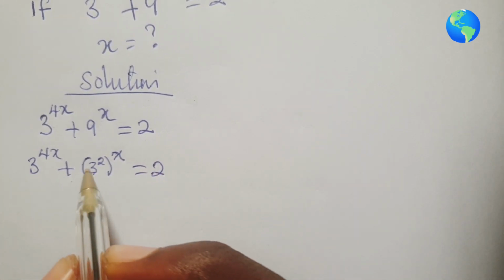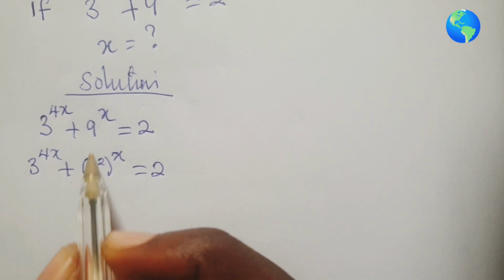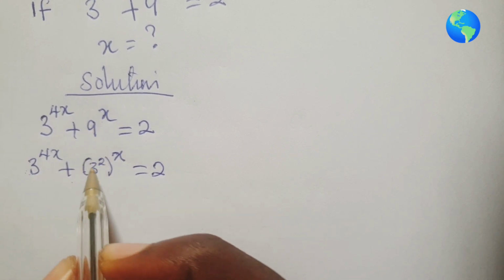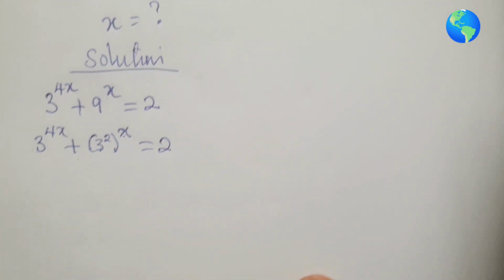I want to make sure that I have the same base here. That's my manipulation right now. Since 3 power 2 is 9, I'll put it here, then raised to the power of x.